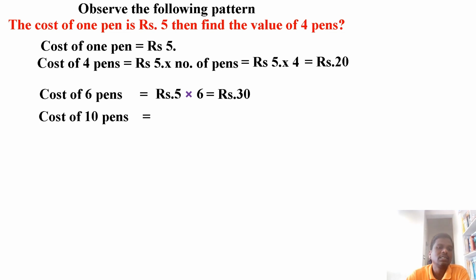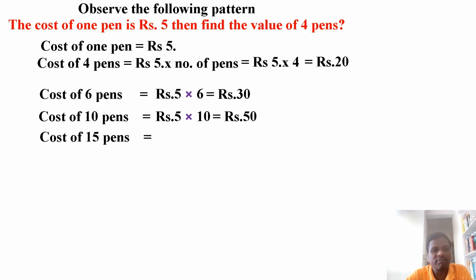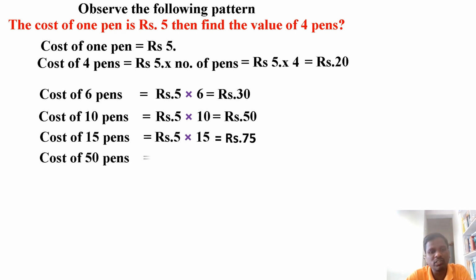The cost of 10 pens is rupees 5 into 10, so we get 50 rupees. The cost of 15 pens is rupees 5 into 15, which is 75 rupees. The cost of 50 pens is rupees 5 into 50, which is 250 rupees, and so on.